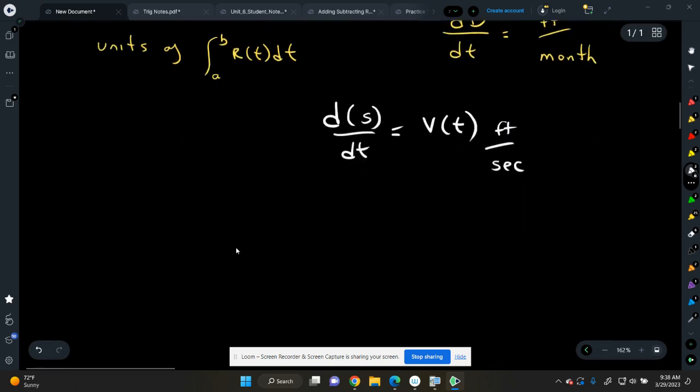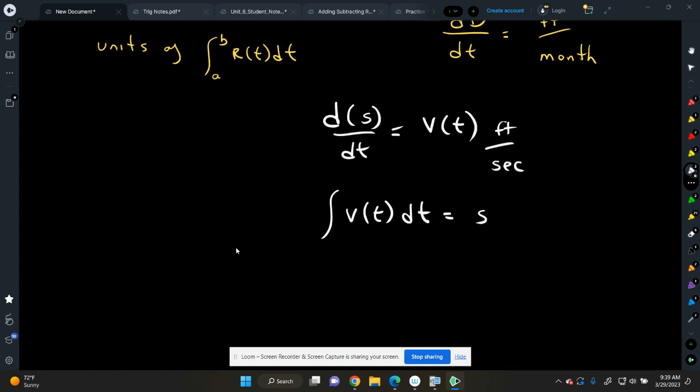Okay? And velocity is typically in something like maybe feet per second, right? So if the derivative of position is velocity, what's the integral of a velocity function? The position function, which would be in what unit? Feet. Okay, think of it this way.